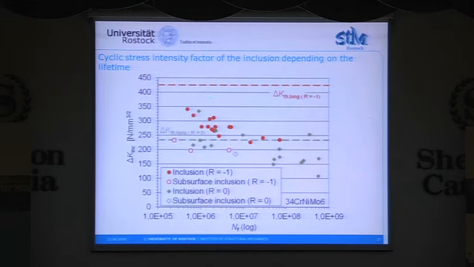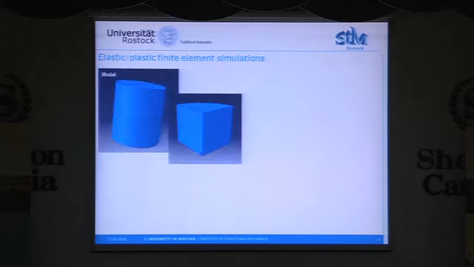If we compare this with an R ratio of 0, you can see that they are sometimes below the threshold value for long cracks, but they are also nearby the threshold value, which is a clear difference to the R ratio of -1.